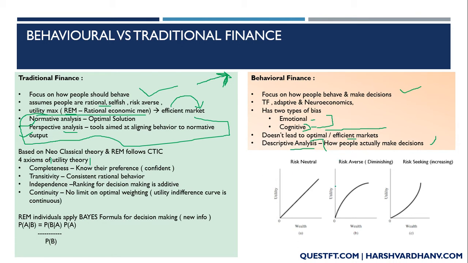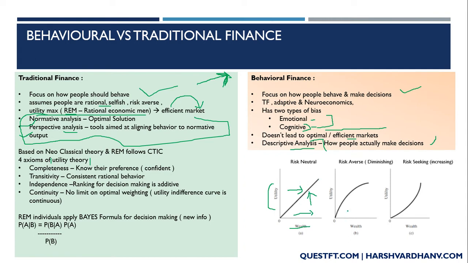But over here, the utility function behaves differently for different types of investors. If an investor is risk neutral, he is indifferent to what happens to the market, how much risk he is taking in the portfolio, or how risky the market is looking. His utility curve will be a straight indifference line: as his wealth increases, his utility also increases.